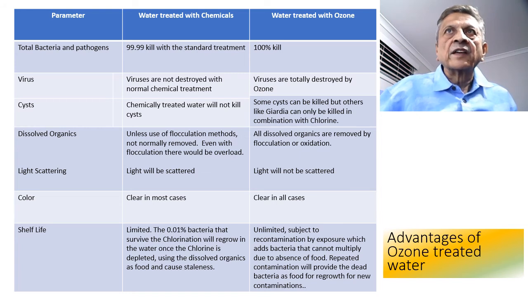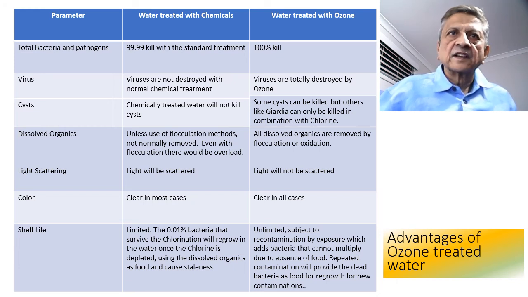However, if you treat the water with ozone, there will be no light scattering simply because there are no colloidal solutions in the water, as they are removed by flocculation or oxidation. And therefore, when you shine a torch in the swimming pool, you can only see the reflection of the torch on the floor and not the beam.